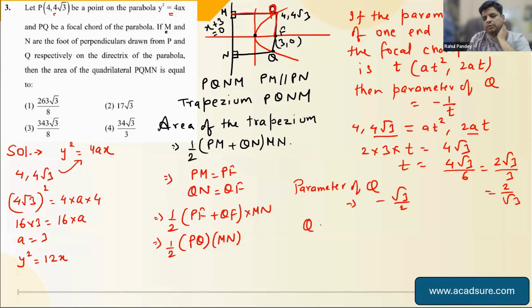So the Q point would be (at², 2at). We say a is 3, so we can write 3 directly here.